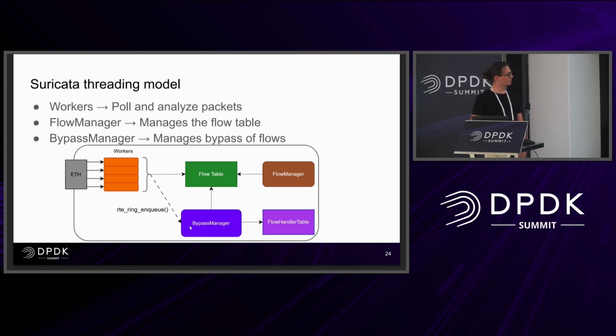The bypass manager also communicates with the internal flow handler table that we were implementing, that basically keeps information about the flows and their corresponding RTE flow rule handlers, which are opaque handlers that correspond to the rules, and based on that the rules can be destroyed or queried. And also there is the flow manager that manages the components of the flow table.